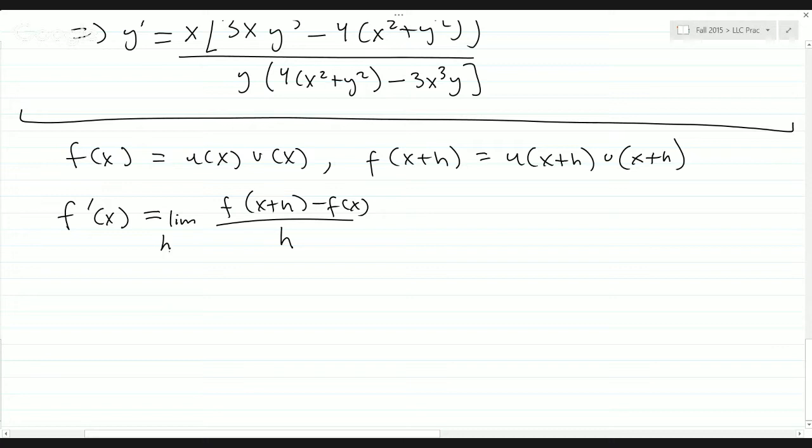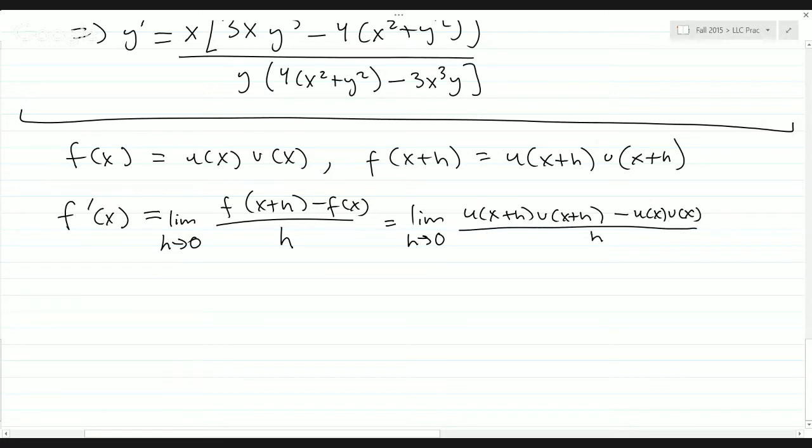You need the limit. Okay. So it's the limit as h approaches 0. We know what f of x is. It's u of x plus h, v of x plus h. Then we subtract u of x, v of x, all over h. Okay?